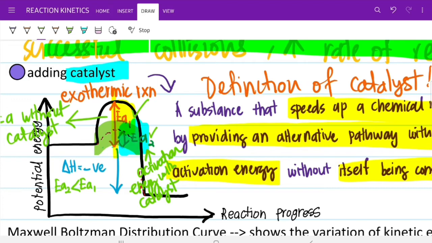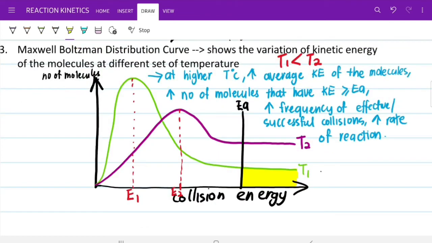Just now I already talked about how increasing temperature will lead to a higher rate of reaction. I already mentioned the Maxwell Boltzmann distribution curve. It is a special kind of curve which shows the variations of kinetic energy of the molecules at different temperatures.